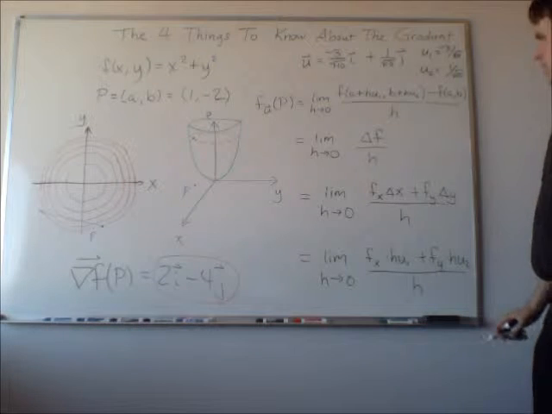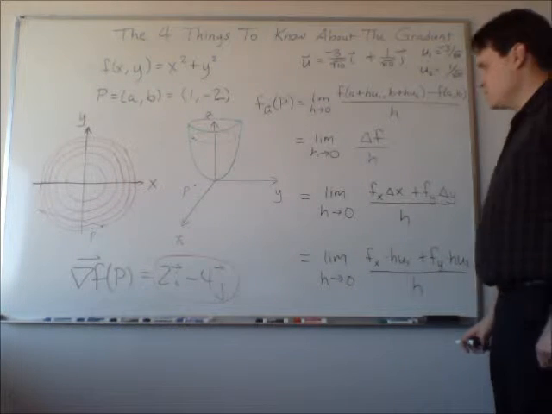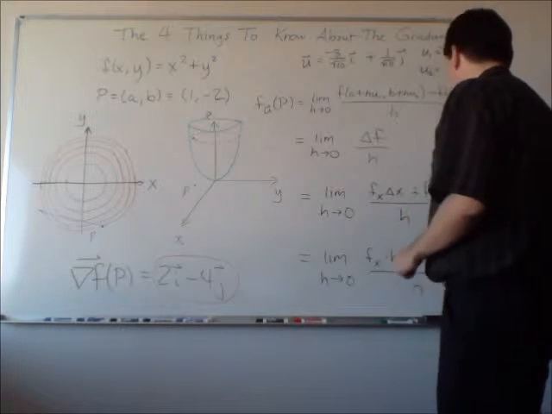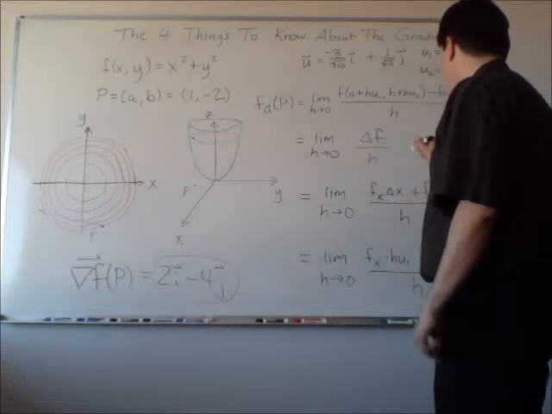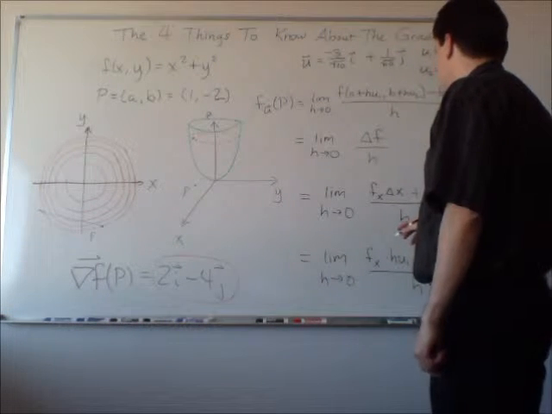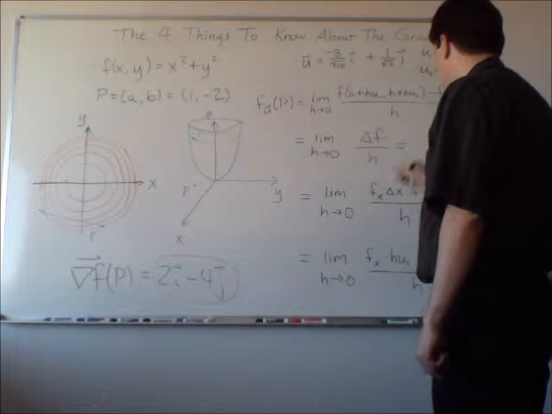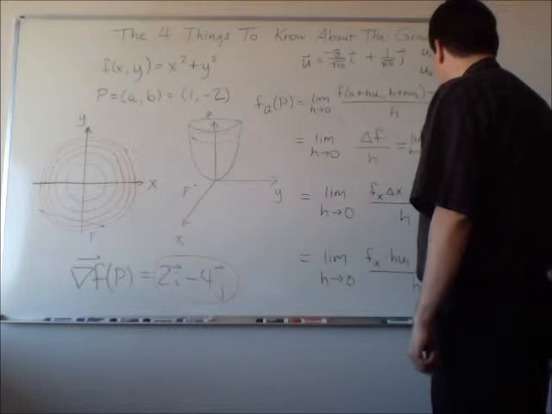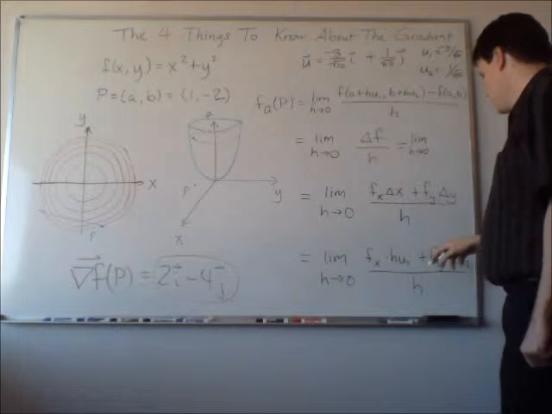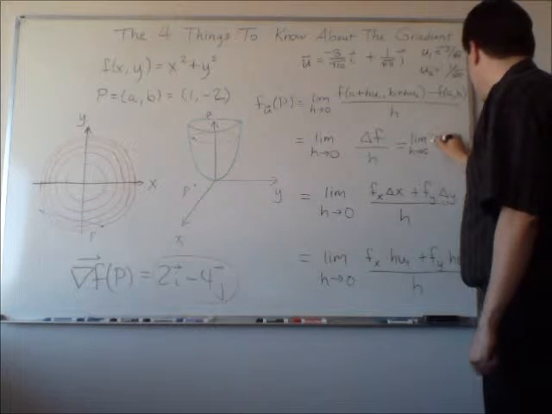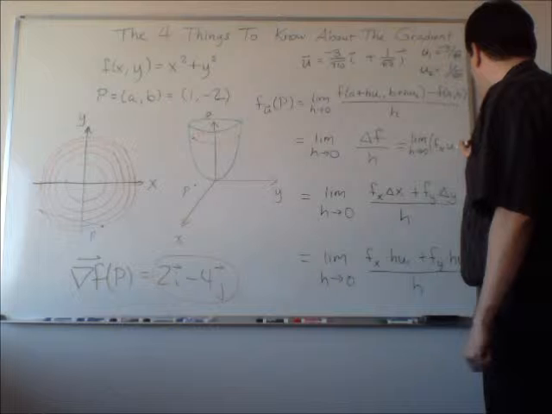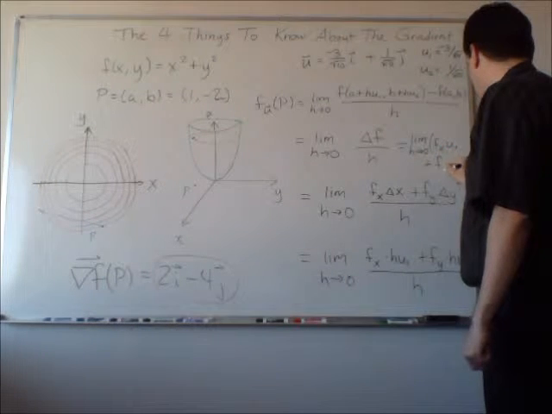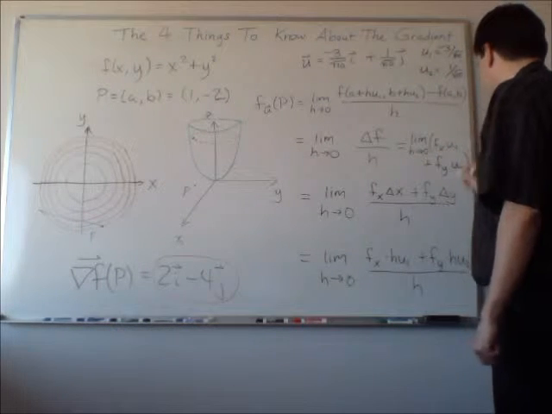Okay? And now I'm out of room on the board, which is typical for this situation. So I'm going to rewrite this up here. Let's see. No, actually, yeah, I think this is really the only place I can reasonably go with this. So now I have the limit as h goes to 0 of f sub x u1 plus f sub y u2.